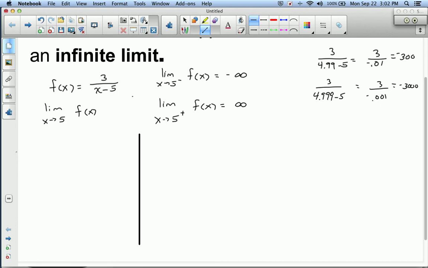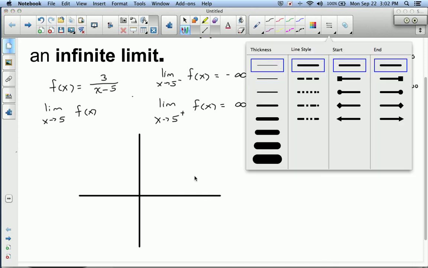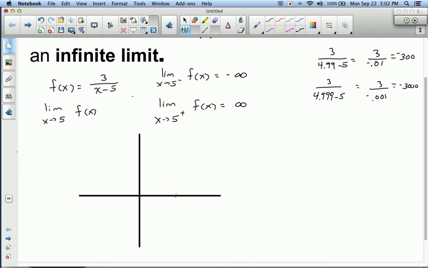That's the parent graph of the reciprocal function, and for this particular one it is shifted to the right 5 units. So over here at 5, I have my vertical asymptote, and my graph looks like this. The horizontal asymptote is at 0.